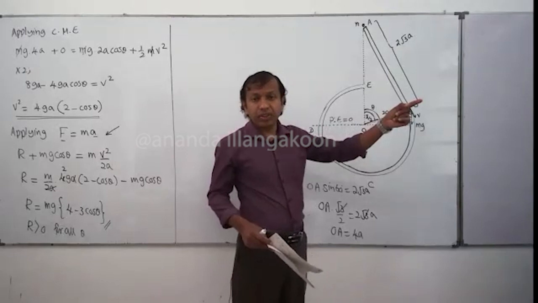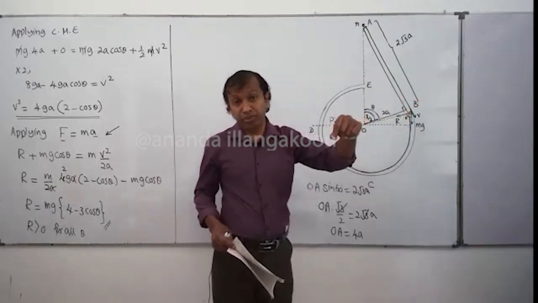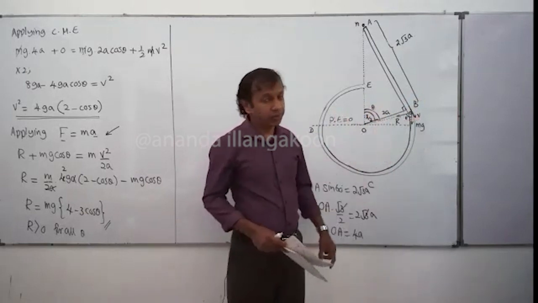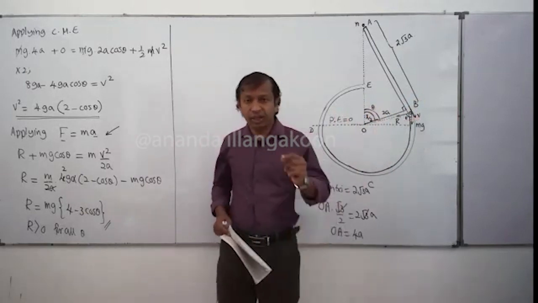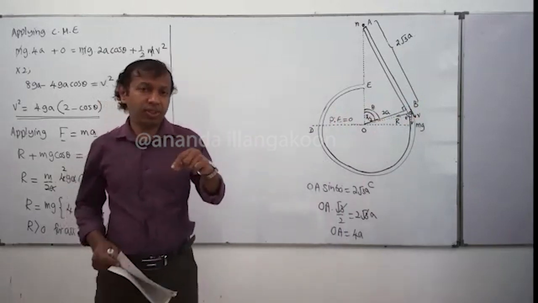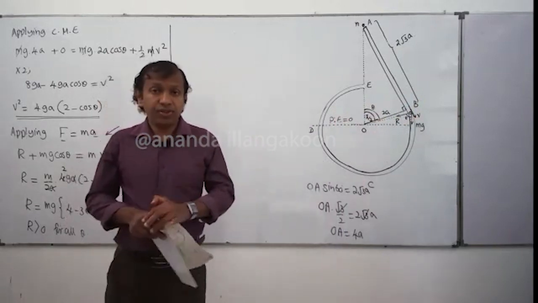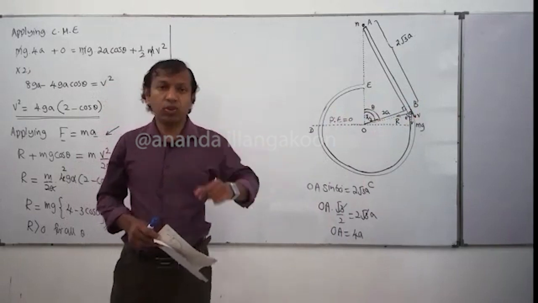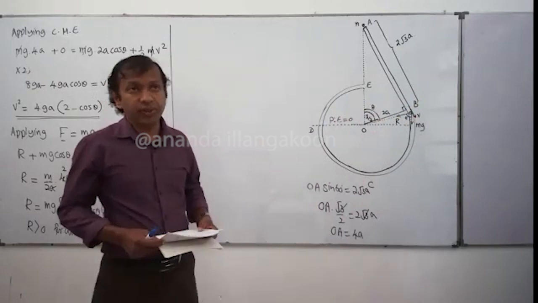Just after, the particle makes contact with the circular tube. Okay. So at the point B, just before, straight part of the tube; just after, circular part of the tube. Right.